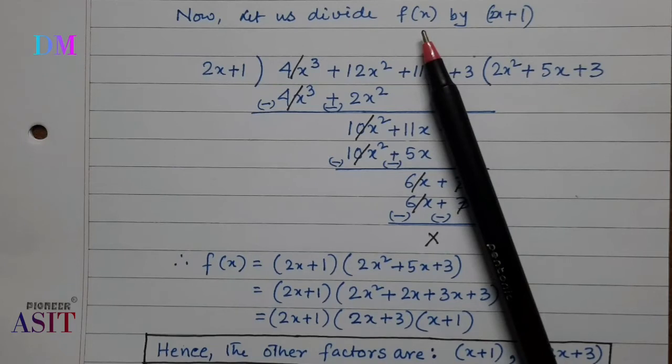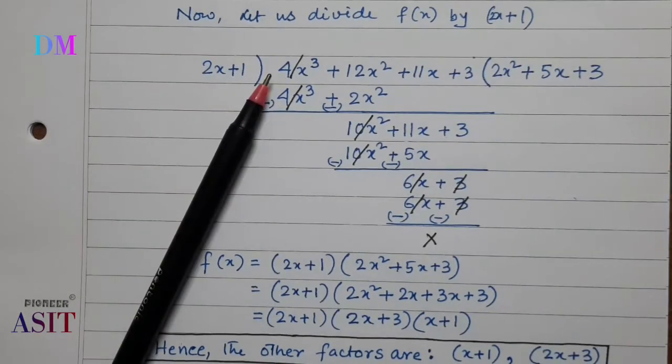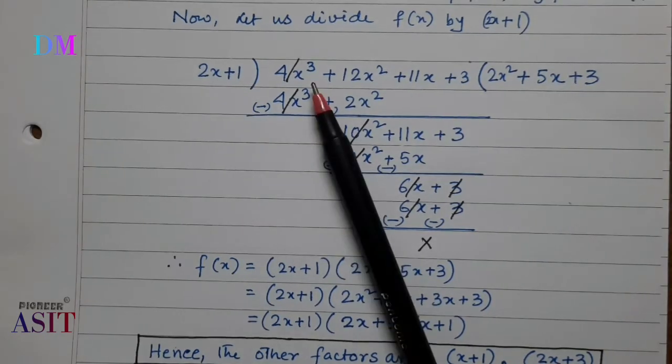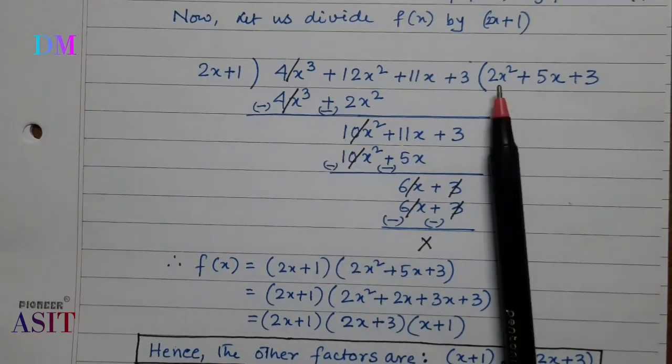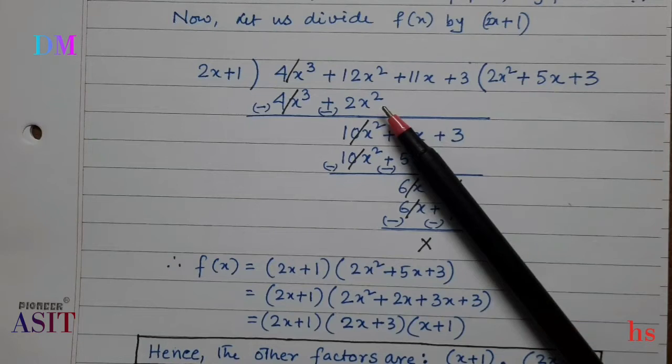Now to find out the other factors of f(x), we need to divide f(x) by 2x plus 1. Hence we will put f(x) in the dividend position and divide f(x) by 2x plus 1. Therefore, to get 4x cubed, we should multiply 2x squared with 2x plus 1, which gives 4x cubed plus 2x squared.